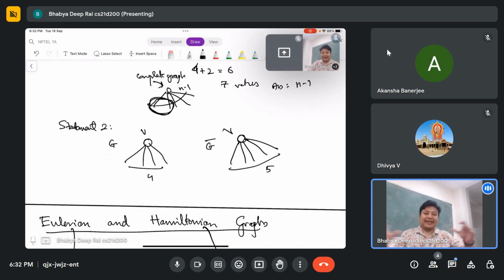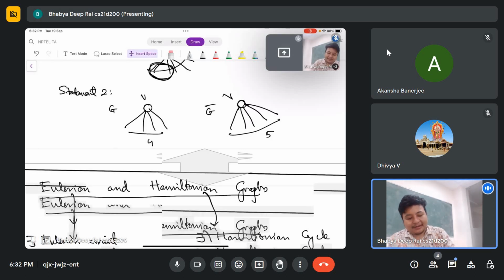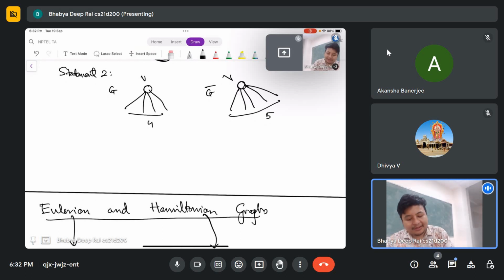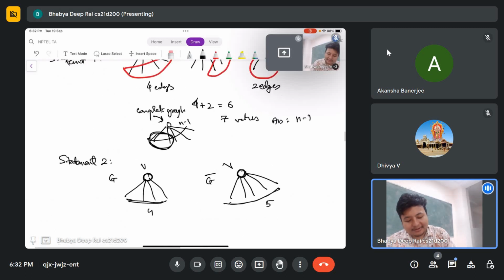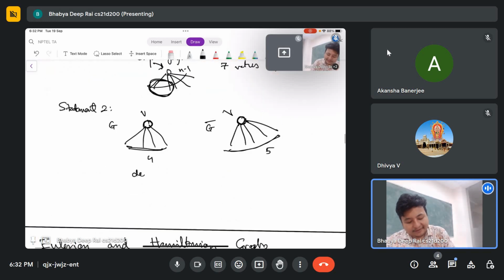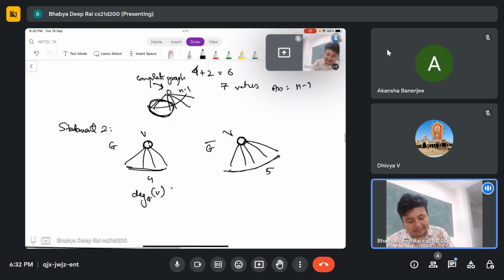If I imagine the whole graph, obviously this cannot be self-complementary. Why? Because the vertices out here and here are of unequal degrees. If they are of unequal degrees, how can they be isomorphic? So that is the idea. Therefore, the degree of V in G is equal to the degree of V in G bar.